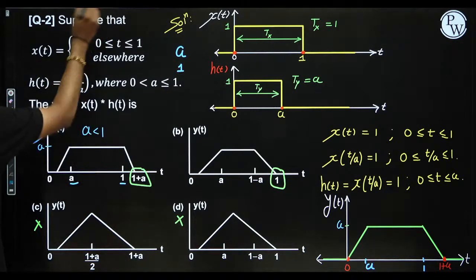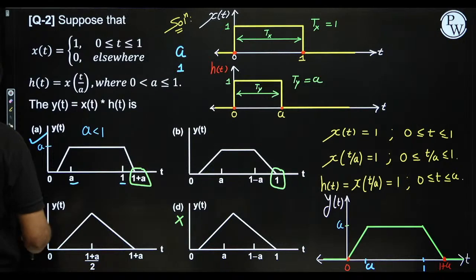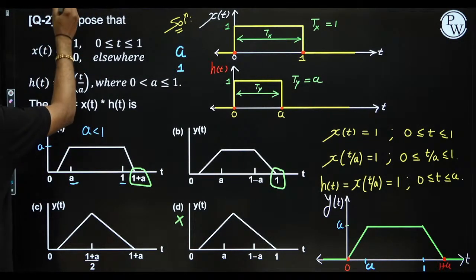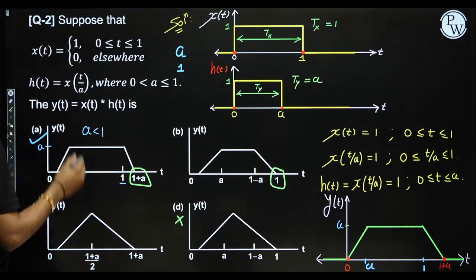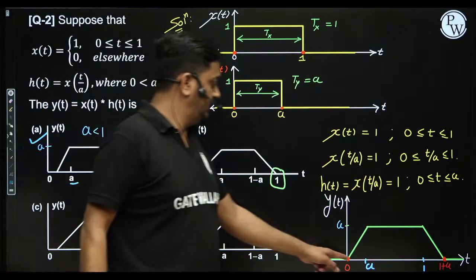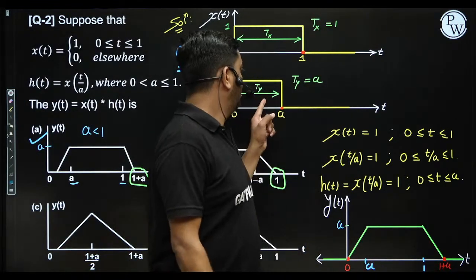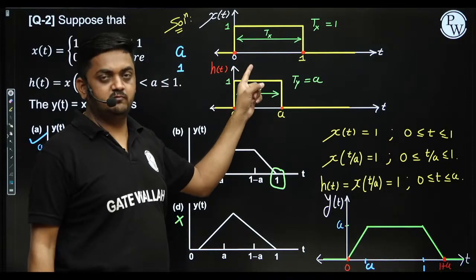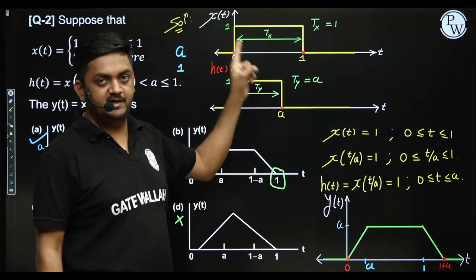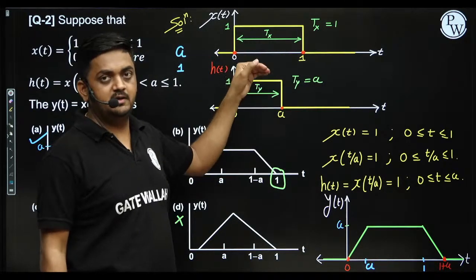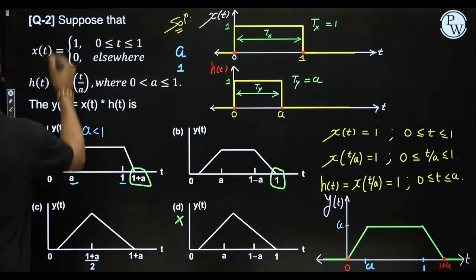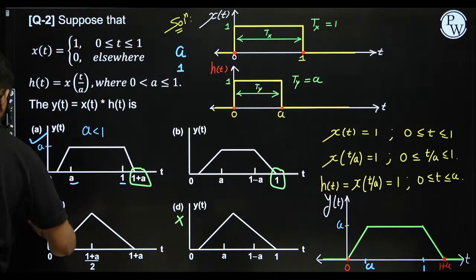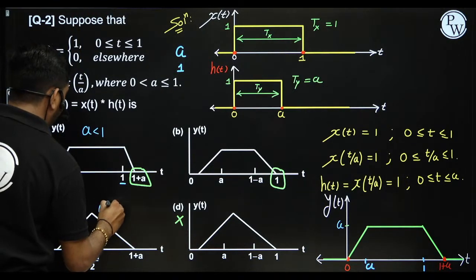So many students can get the wrong answer. Suppose you put a equal to 1 here. Then the width of both signals will be the same, and the convolution of equal length pulses will result in a triangular function. So here option C is also possible when a is equal to 1.